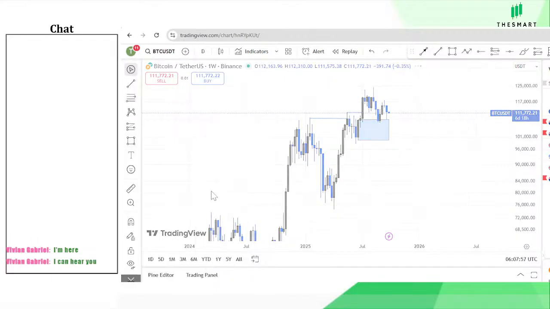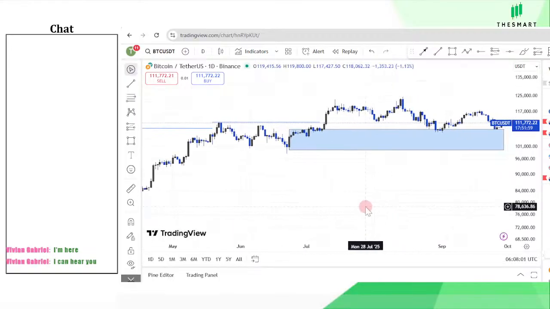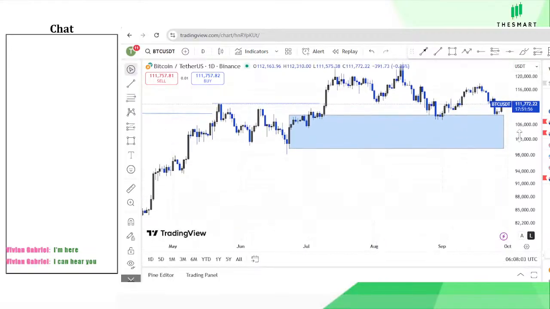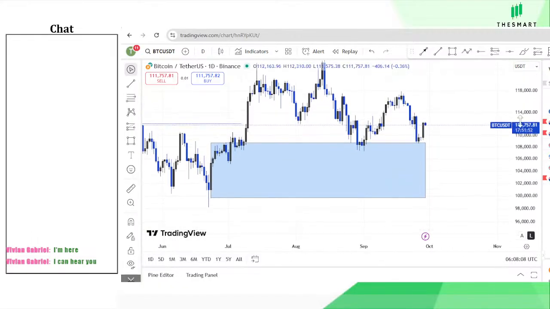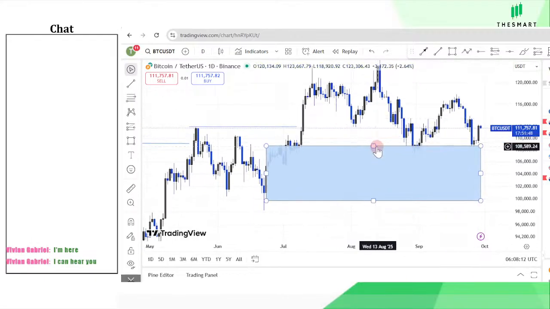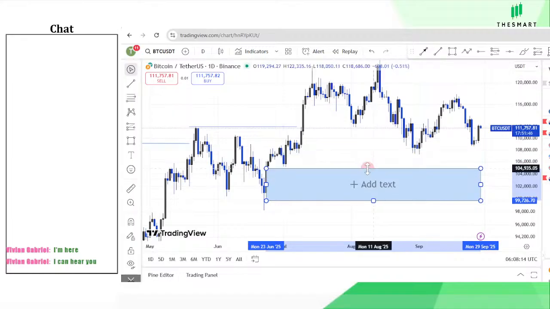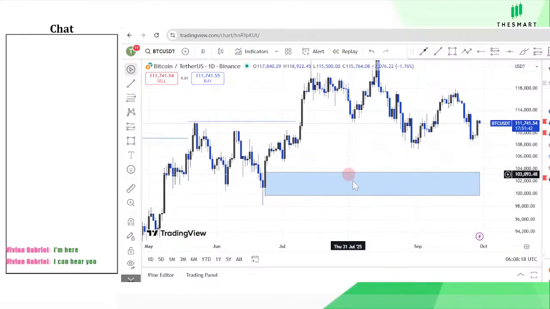All right, so stepping down to the daily. Here on the daily time frame, this is what we can see. We'll have to refine this order block to this point on the daily time frame.